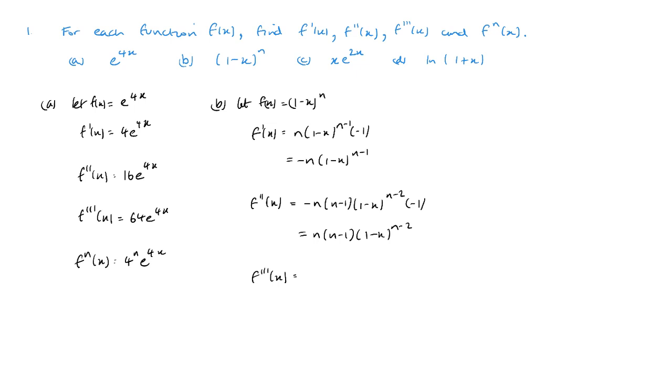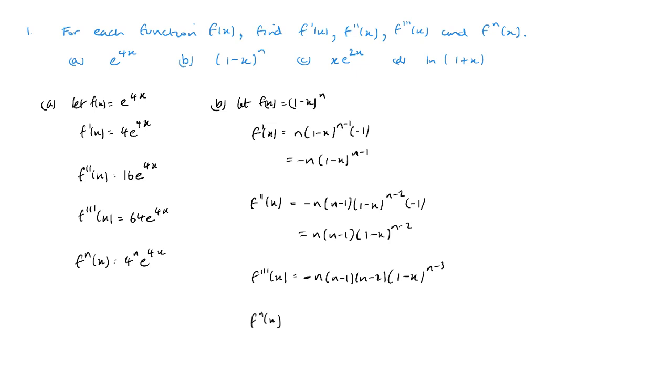And then the third one is n(n minus 1)(n minus 2)(1 minus x) to the n minus 3 times by minus 1. So this is going to become a minus. Now for the nth derivative, we've got n times n minus 1 times n minus 2 times n minus 3, and so on.